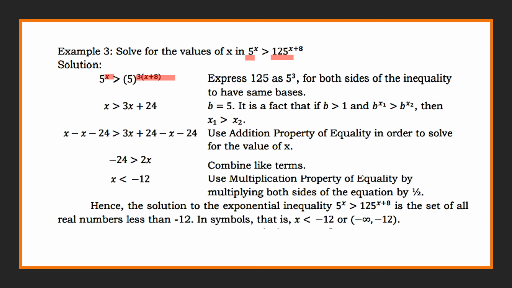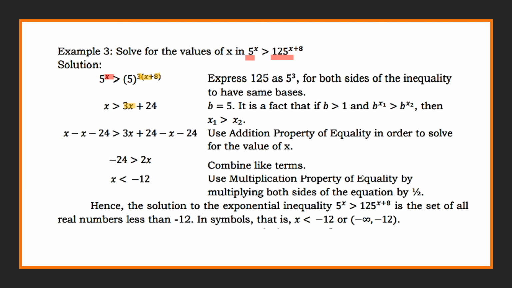Three times x, 3x. 3 times positive 8 is positive 24. So, x is greater than 3x plus 24. So, x minus 24 is greater than 3x plus 24 minus x minus 24. Addition property. Sa mga nalilito po, again, yung ating transposition na nakasanayan natin, right?